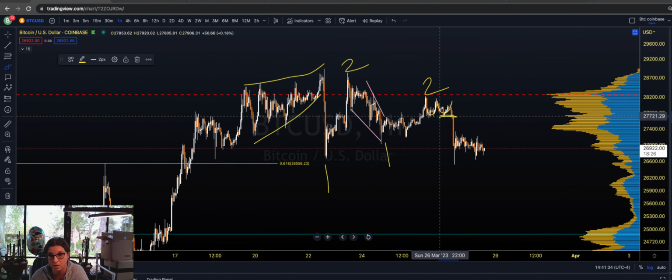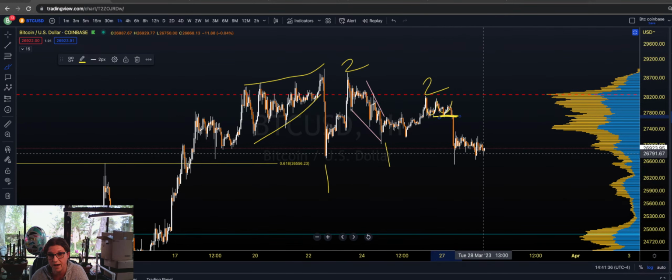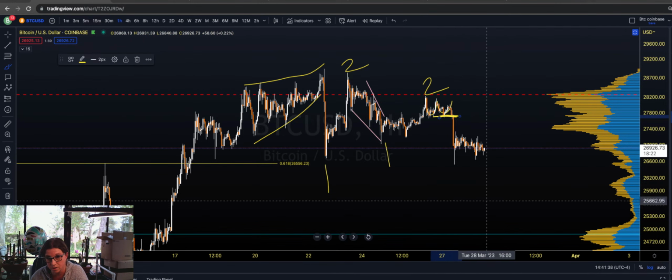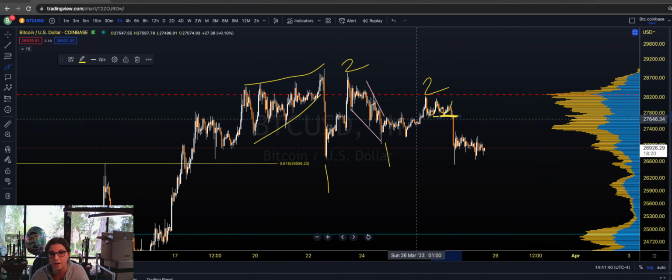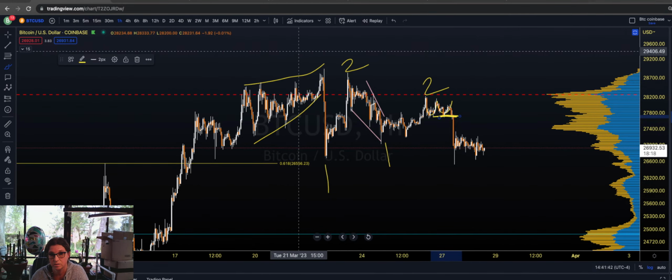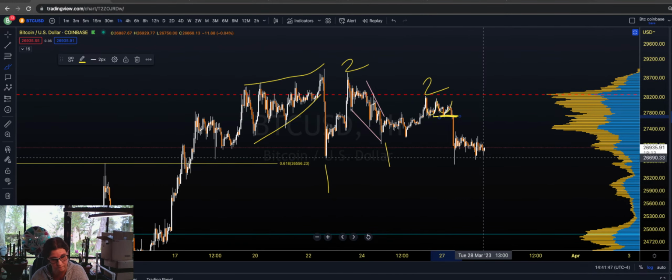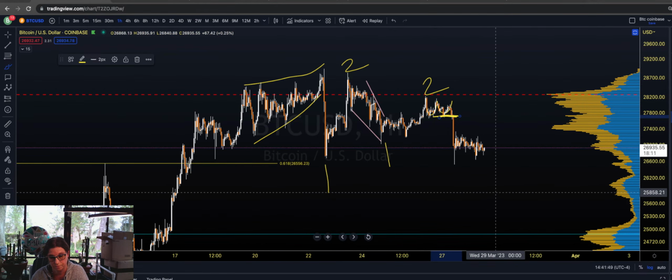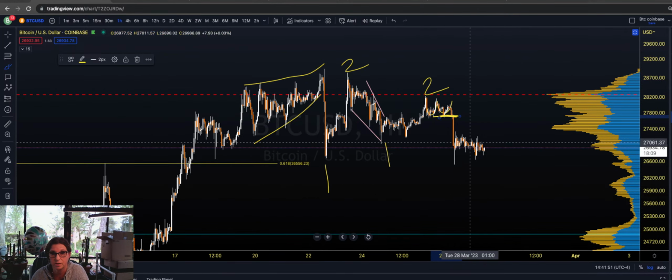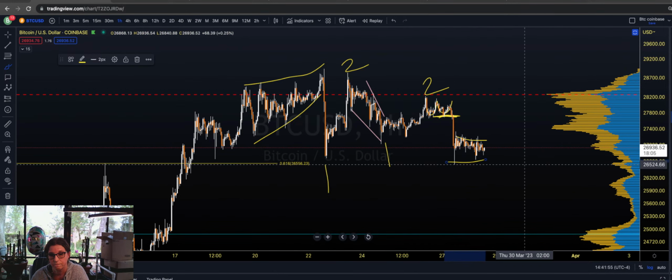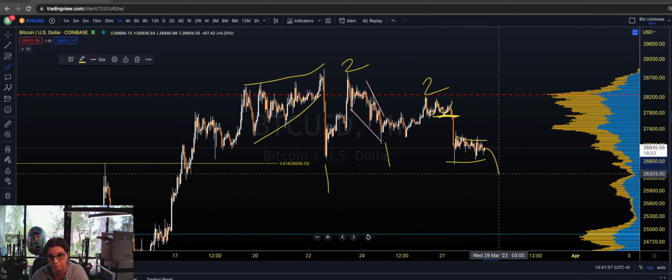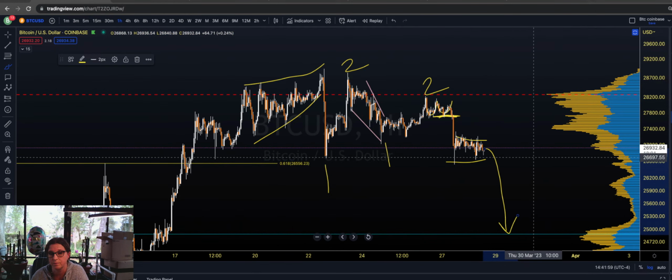So coming into here would invalidate this coming to the downside. And if it's going to be this nest, it needs to dump very soon, because this is getting a little too long in time. So we need to see that big dump.